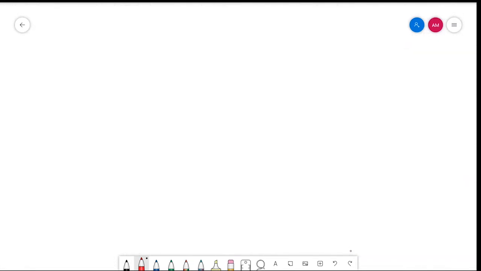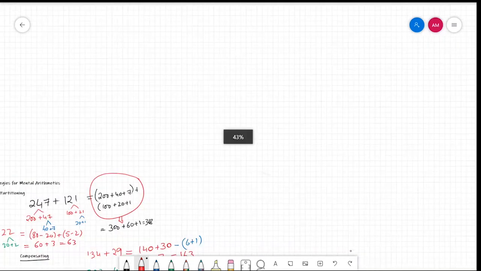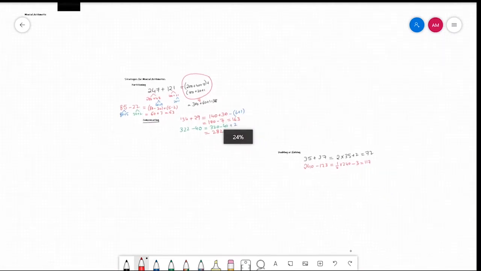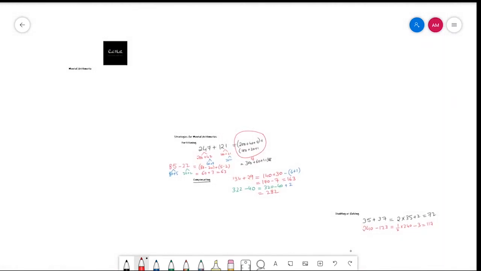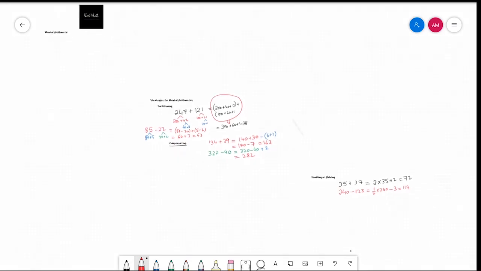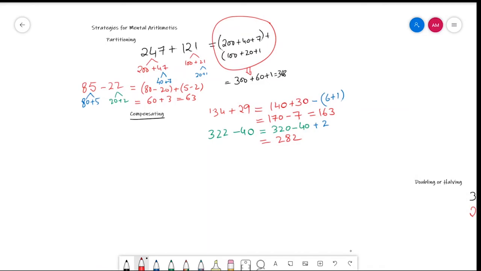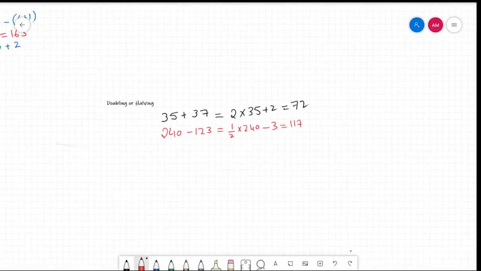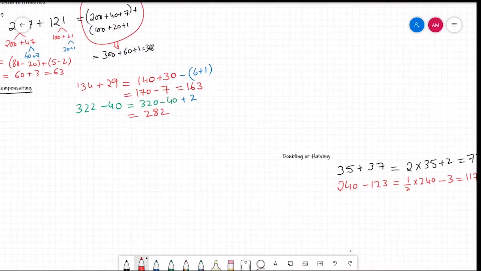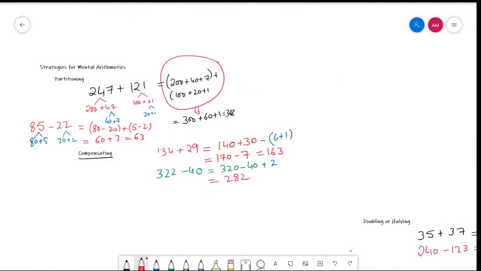So let me go through what we have learned today. There are strategies for doing mental arithmetic. The first is partitioning, where you partition a number into its subparts and then do the arithmetic so that you are able to do it quickly. The second way is compensating.